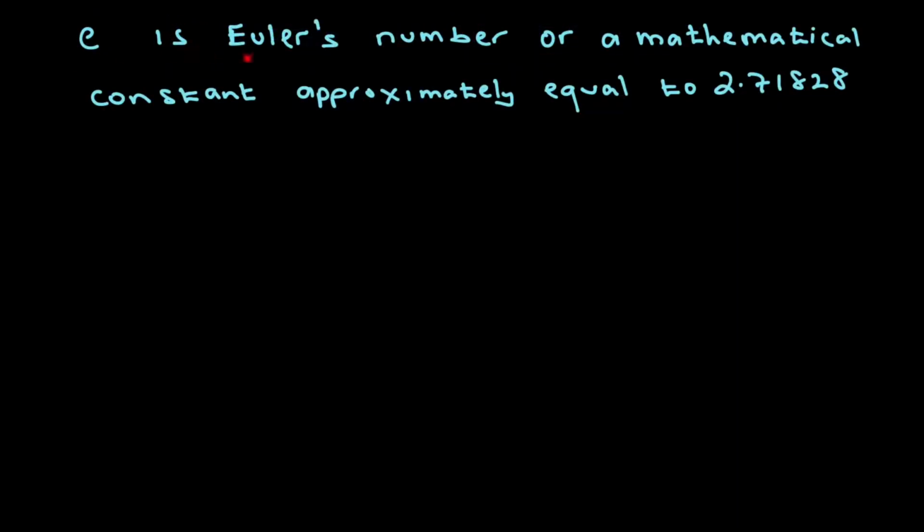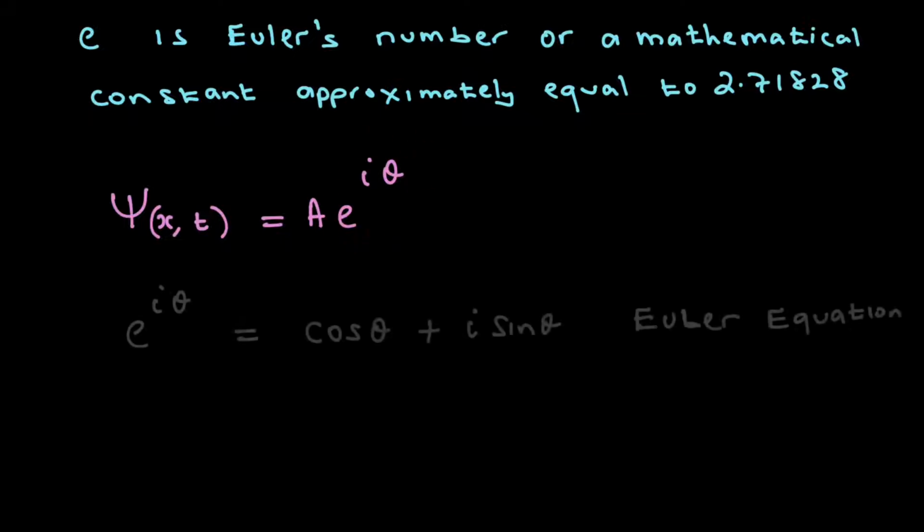E is Euler's number, or a mathematical constant approximately equal to 2.71828. So this is the function that we will use to describe the equation of a wave matter of a particle. But we need to talk more about the e value.